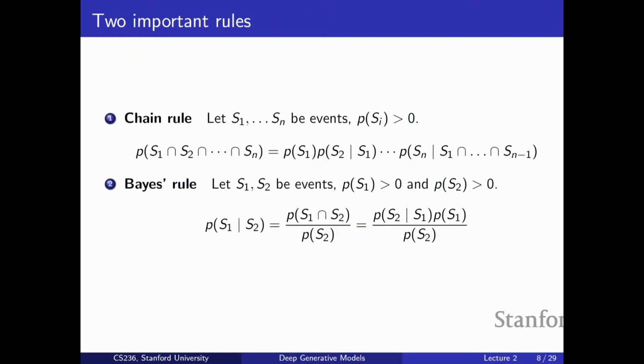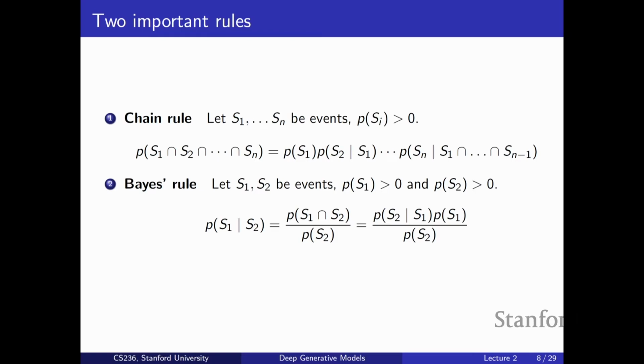What you can do is try to make progress by making conditional independence assumptions. One very important tool, the thing behind autoregressive models, language models, large language models, they're all built on that first tool, which is the chain rule of probability, which hopefully you've seen before.